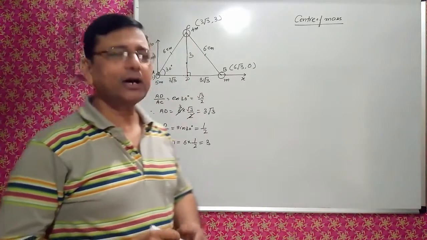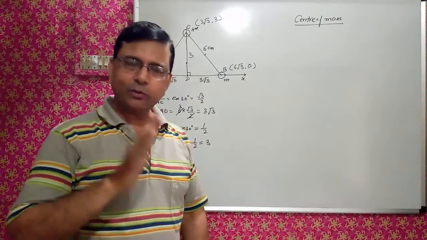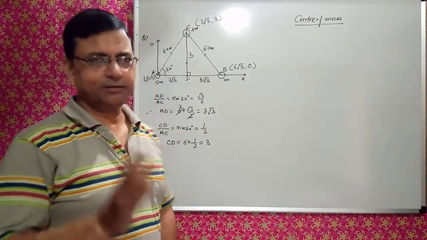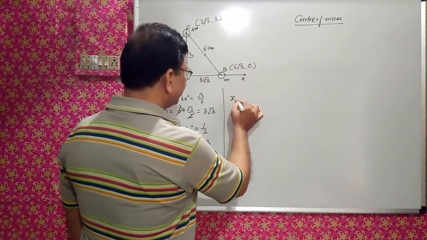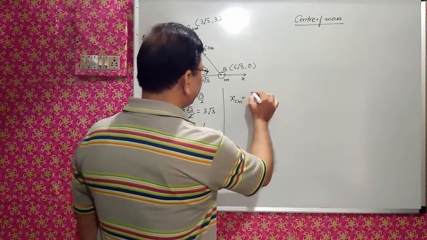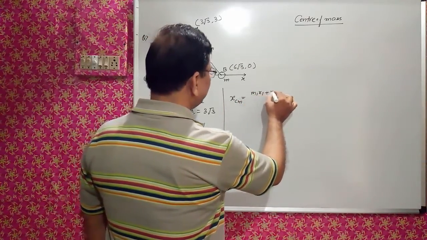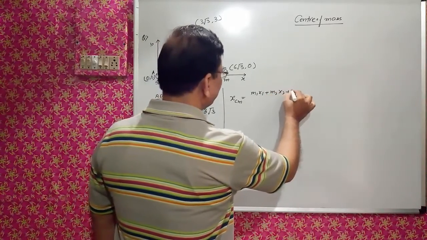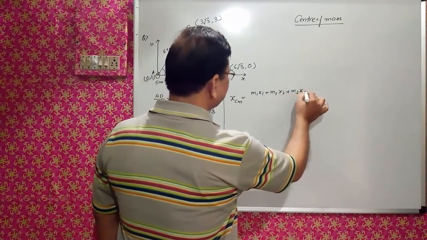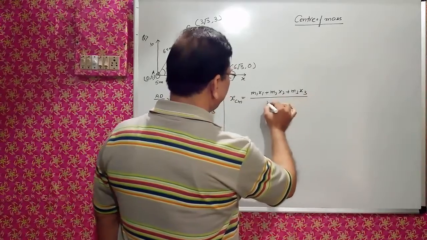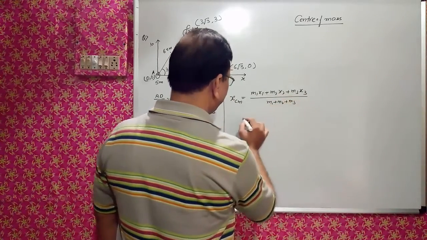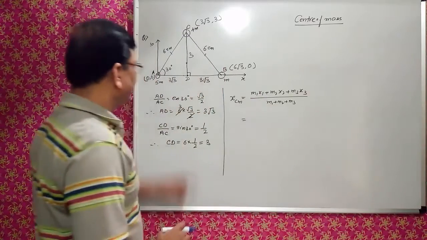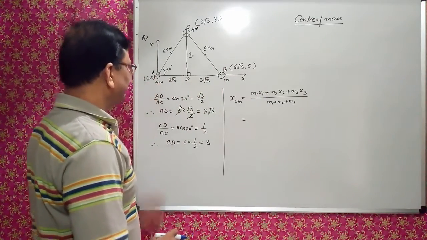Once these coordinates are known, finding coordinate of center of mass is very easy now. So x coordinate of center of mass I will get, that is m1 x1 plus m2 x2 plus m3 x3 upon m1 plus m2 plus m3. That is m1. I will consider this mass 5m.